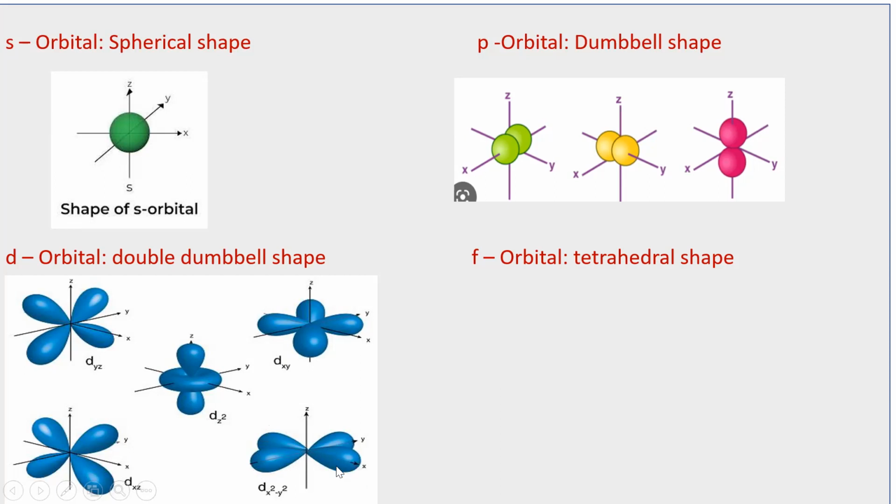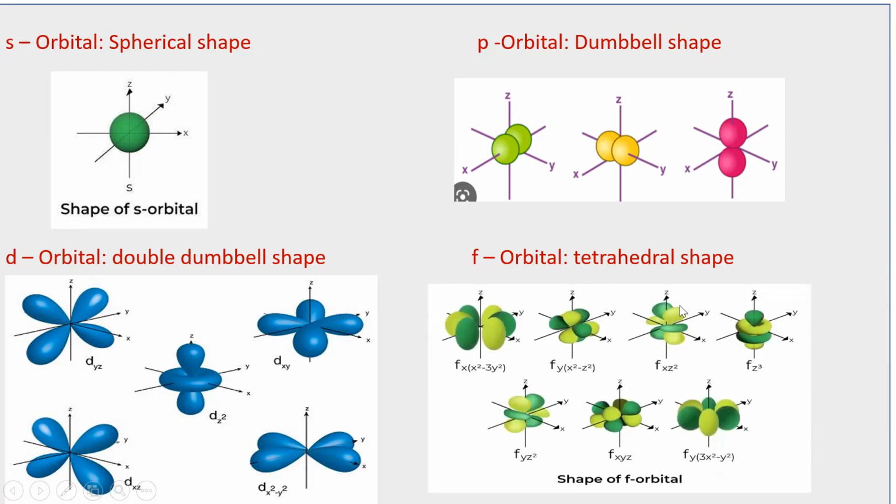So basically, this is the negative y or positive x, and similarly in the four quadrants, in between the axes, it is present. Whereas the f orbital is more complex, it is tetrahedral.